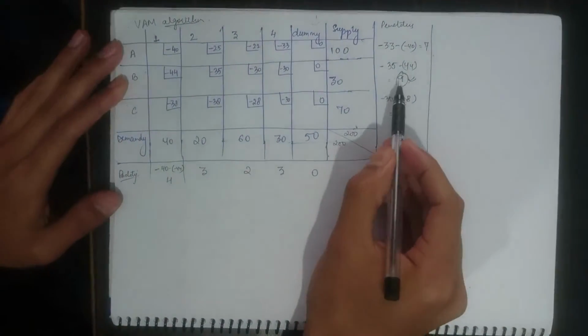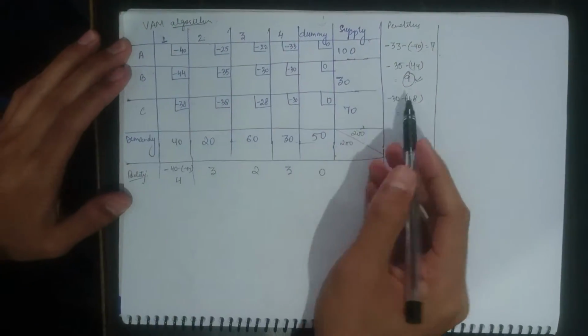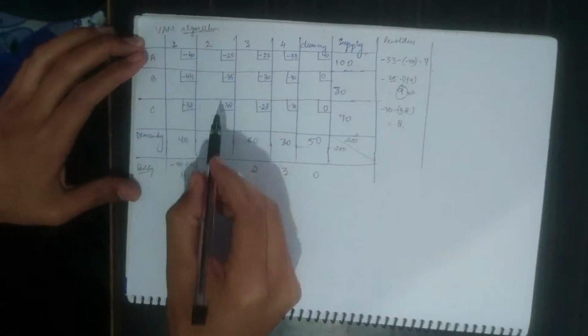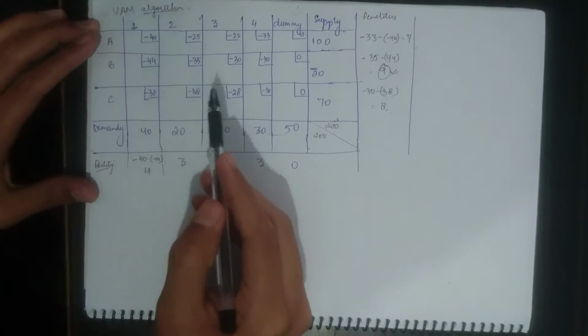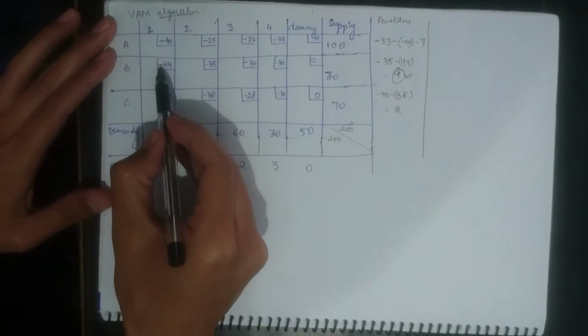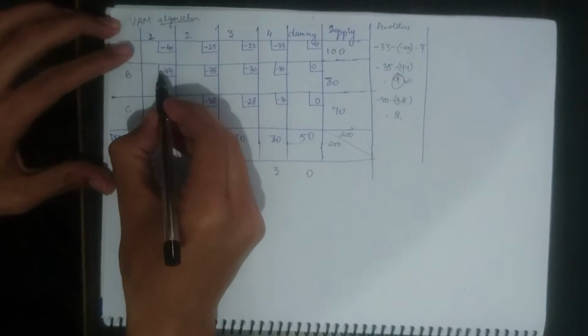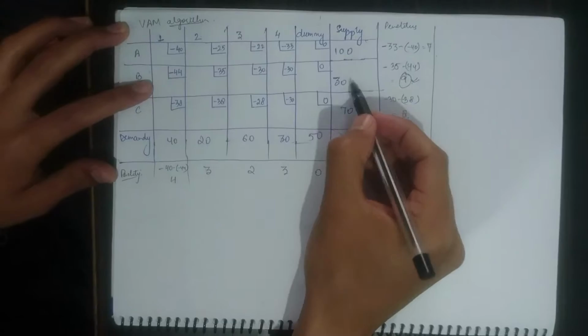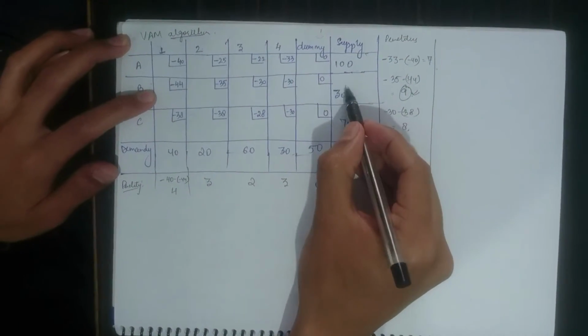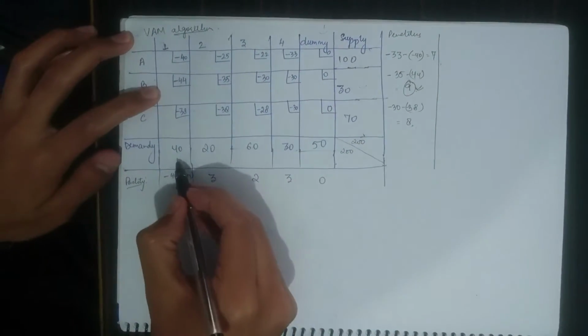Now with this row we will see which cell is having the minimum element. Okay. So in this row minus 44 is the minimum element, and we will initialize this cell with the minimum of either the supply or the demand left. Okay.